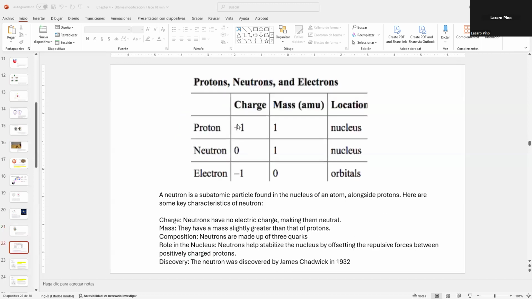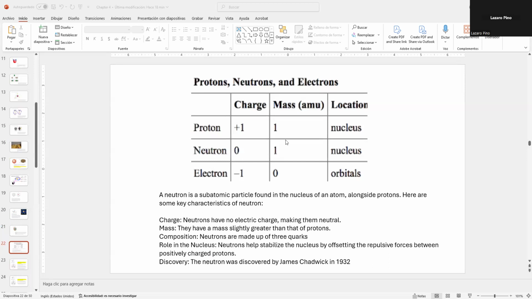Here you can see in this table the different subatomic particles. The charge: the proton is positive, and the mass is considered one atomic mass unit, and it is located in the nucleus. The neutron has no charge at all, it is neutral.